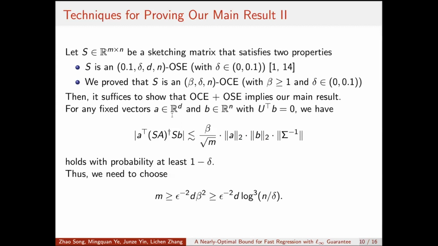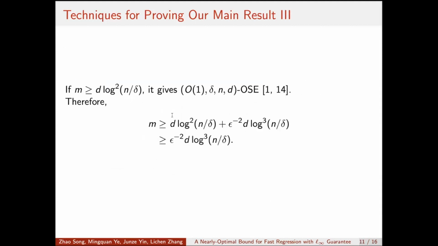Then the rest is just to choose M greater than epsilon to the -2 times D times beta to the second power, which is greater than epsilon to the -2 times D times the logarithm of n over delta to the third power. If M is greater than this, then it gives us the OSE property, which implies that M is greater than epsilon to the -2 times D times the logarithm of n over delta to the third power.